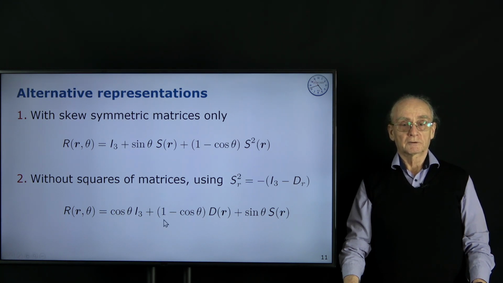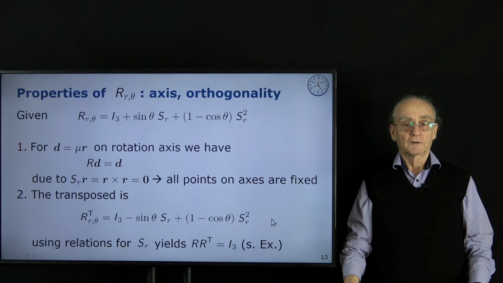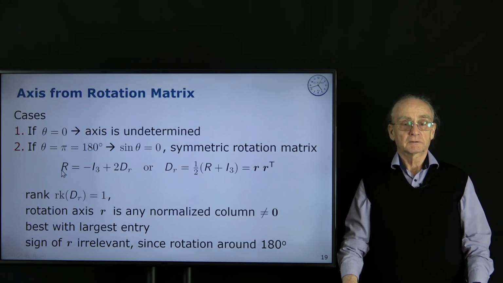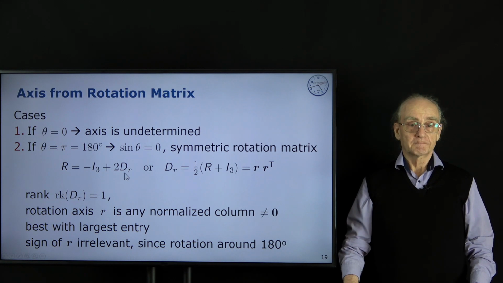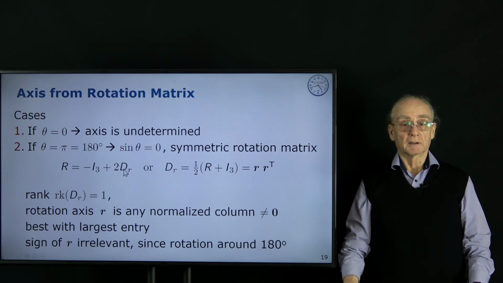This is minus 1, so we have here 2, and the sine part, the sine is 0. So we have the following relation, that the rotation matrix is minus 1 times the unit matrix plus 2 times the dyadic product D_R. This allows us to derive D_R. We just take R plus I and divide by 2, and we get the matrix D.